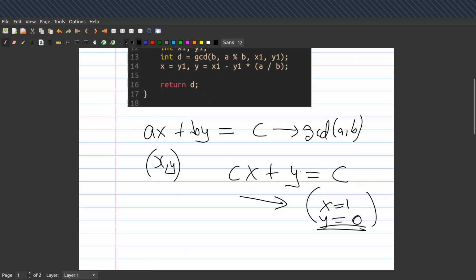The current thing that we have is a comma b. This is the coefficient of x and this is the coefficient of y.